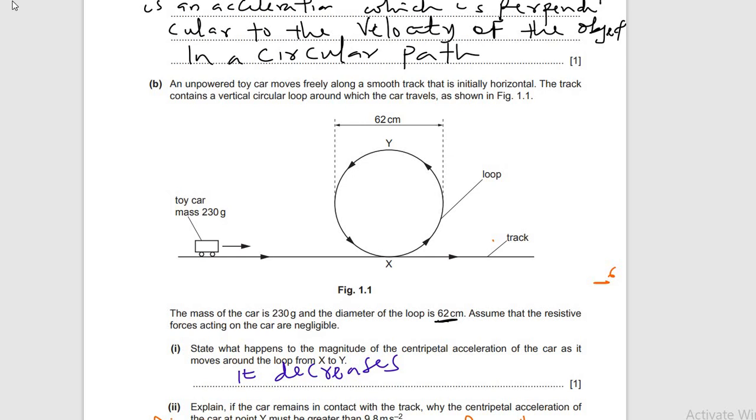Remember I said potential energy at this point is 0. So kinetic energy is half mv squared. The speed here is 3.8 squared.